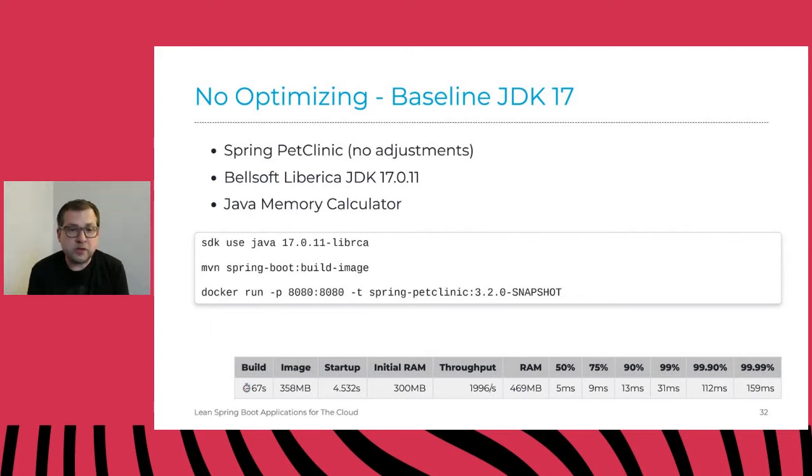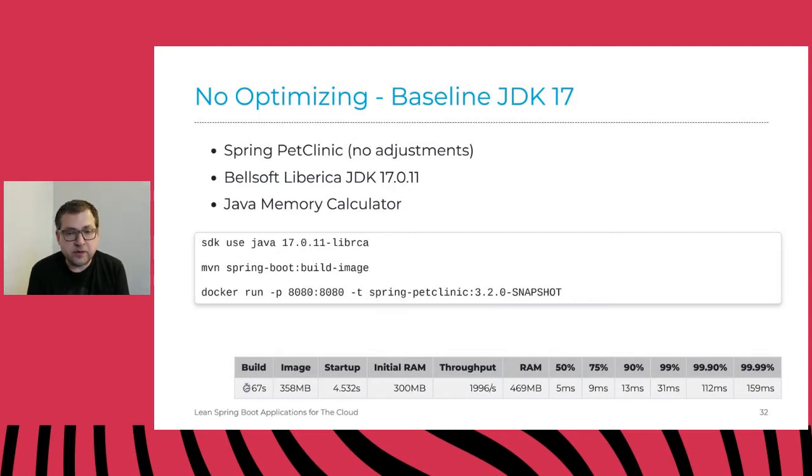The RAM usage before we do the load testing is 300 megabytes. If we put almost 2000 requests a second on the application, which is possible in this kind of setting with my machine, it leads to almost 470 megabytes RAM usage right after the load testing.